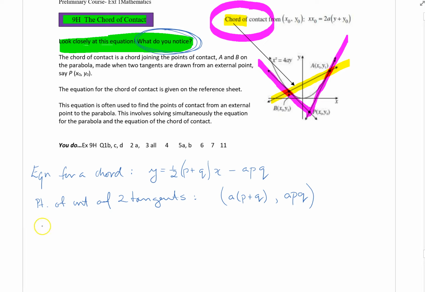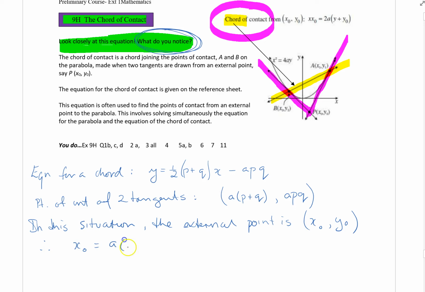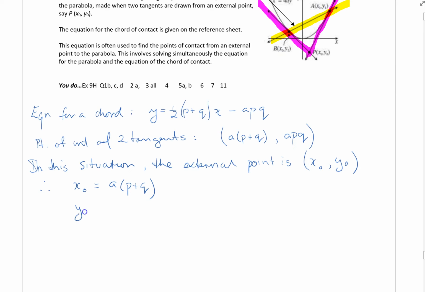However, in this situation, the external point is x naught, y naught. Therefore, we know that x naught is the same as a times (p plus q), and y naught is apq in this situation.